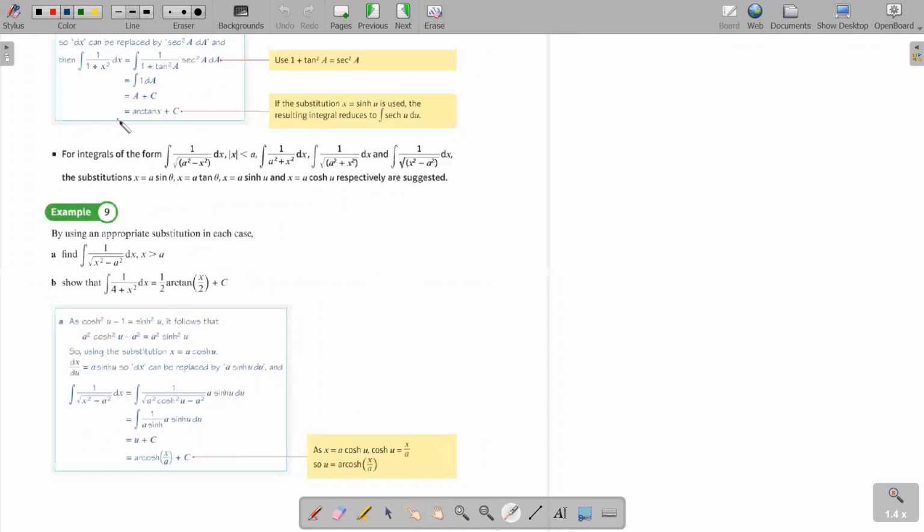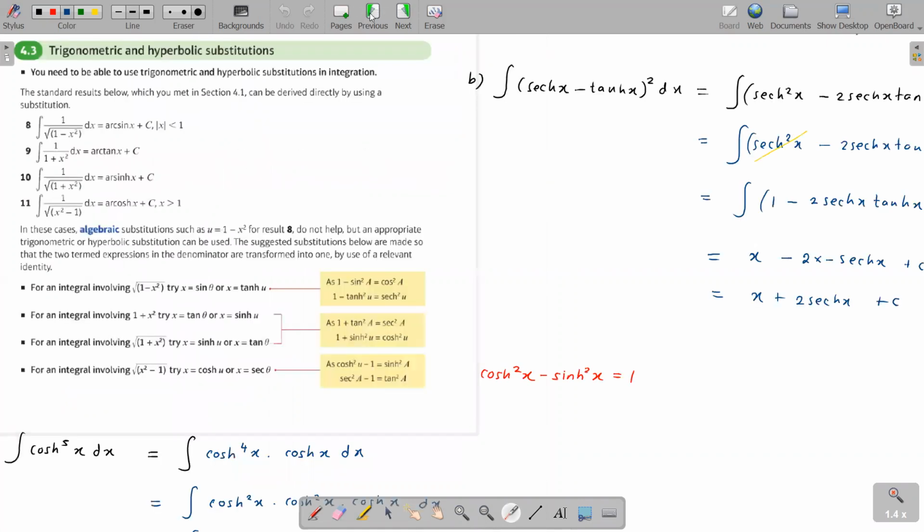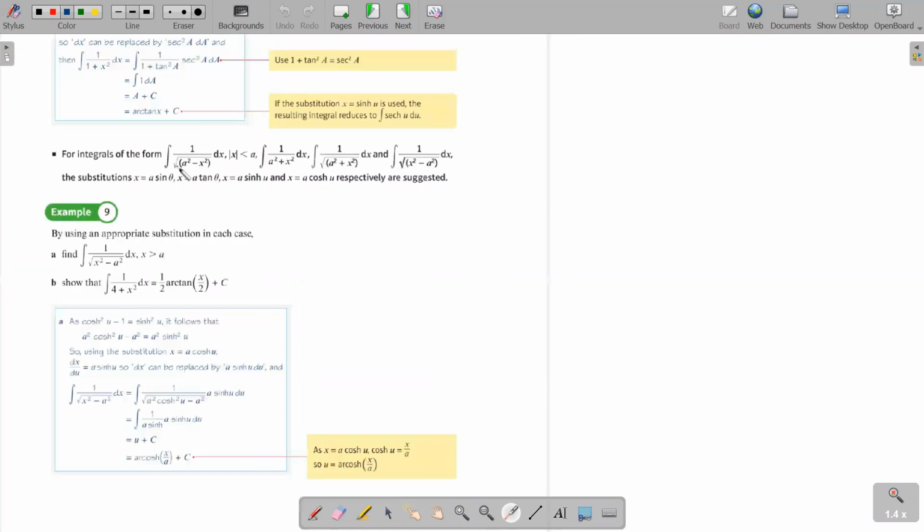So for the integrals of the form integration of 1 over root a square minus x square, do you see that these four rules are actually the same as the previous rules I discussed? What's the difference between 8, 9, 10, 11 and what they have given here? There's one small difference.